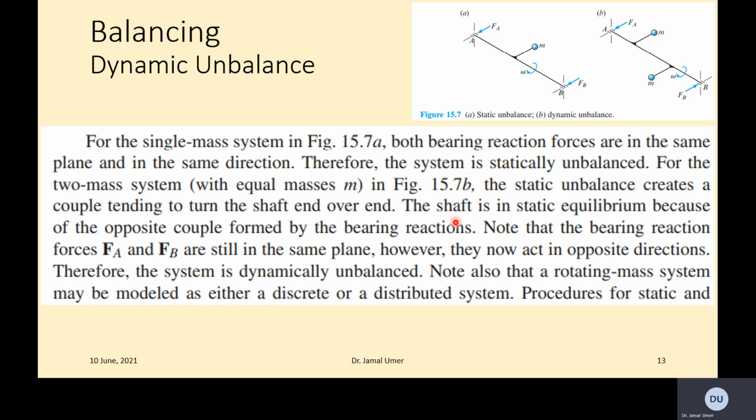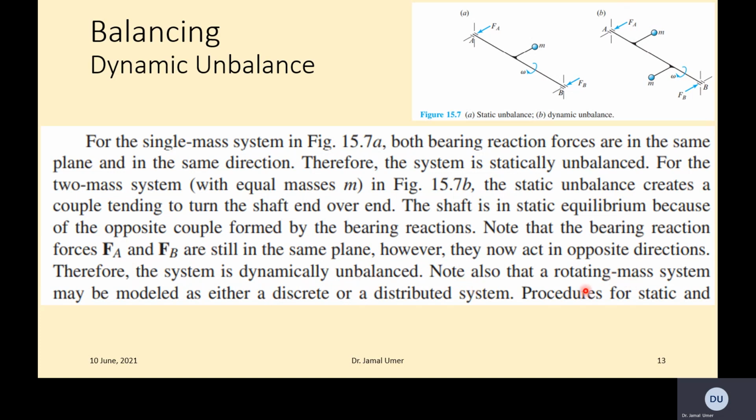But the opposite couple is produced by the bearing reactions. Note the bearing reaction forces Fa and Fb are still in the same plane, however they now act in opposite directions. Therefore, the system is dynamically unbalanced.